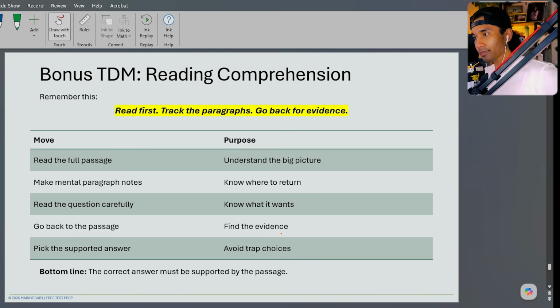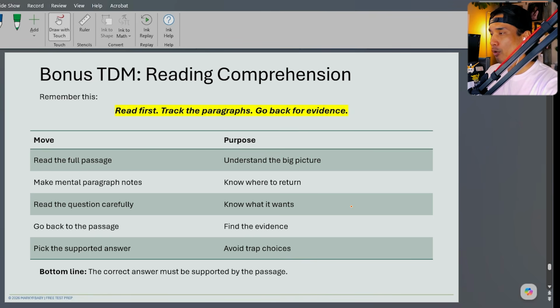That's it. Pick the supported answer, avoid trap choices, because sometimes there will be two answer choices that sound very similar, but one thing will be off. Okay, and I do go over in depth on how to answer these type of questions. But again, that probably isn't for you because you are in your car right now waiting to take the test.